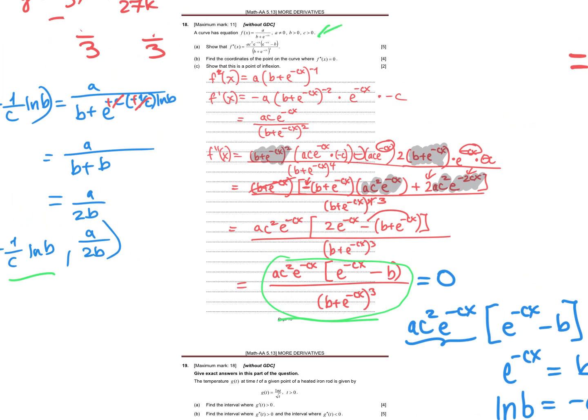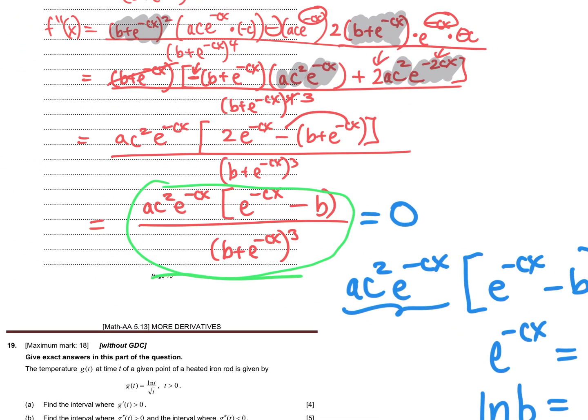So if we look up here, we have a is not 0, b is greater than 0, c is greater than 0. Okay, so this could be negative or positive, all right? This is positive, this is positive. This is positive, this is positive, a positive cube, that whole thing is positive.